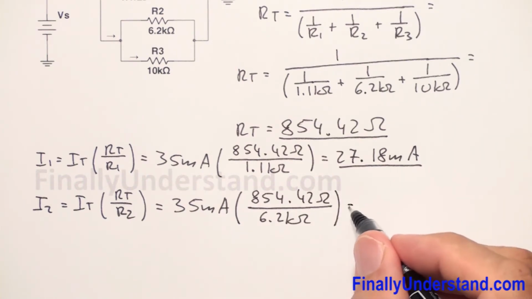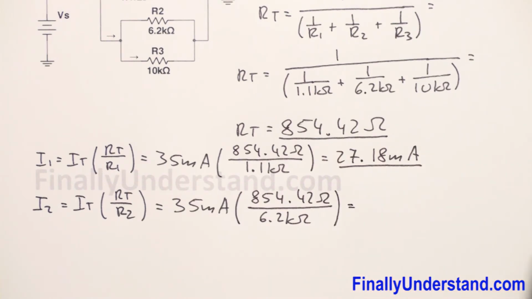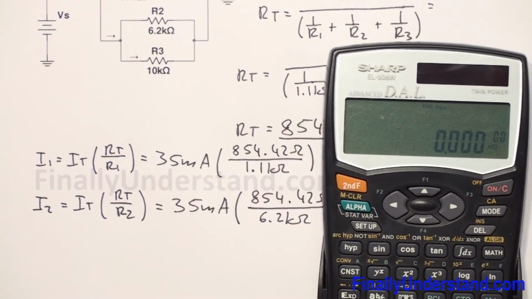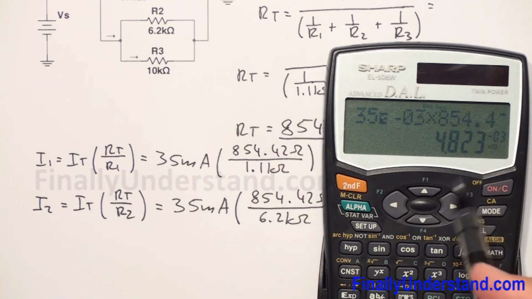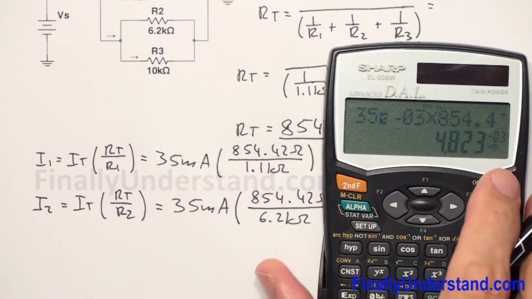Using the calculator, I have 35 exponent negative 3 times 854.42 divided by 6.2 exponent 3, which equals 4.82 milliamps.